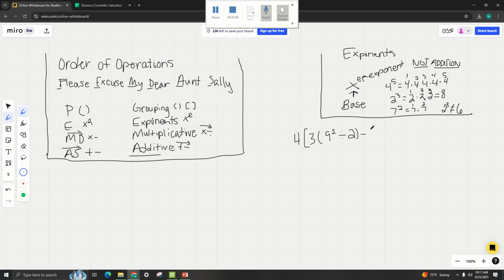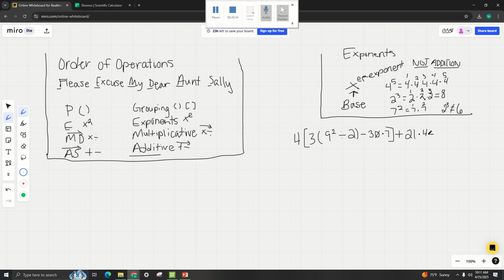Minus, let's see, let's do 30 times 7, and we'll close our square bracket. Let's make more. We haven't had addition yet. Let's add addition in here. We'll add 21. I'm just doing random numbers right now. And let's multiply 4.